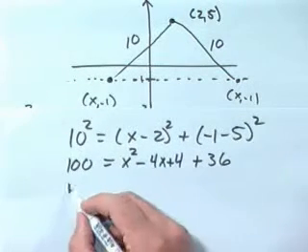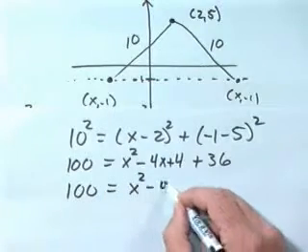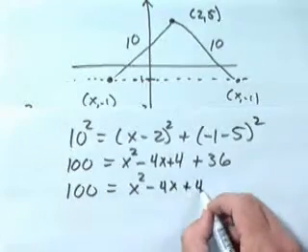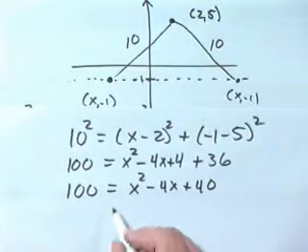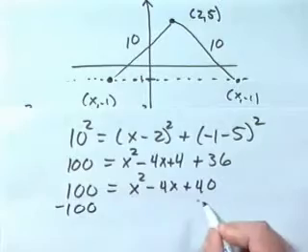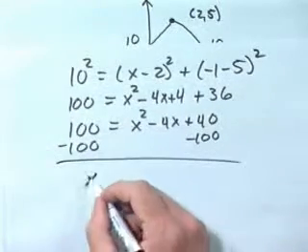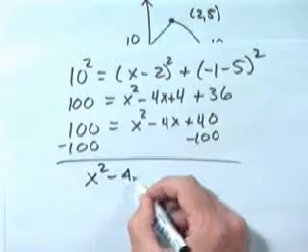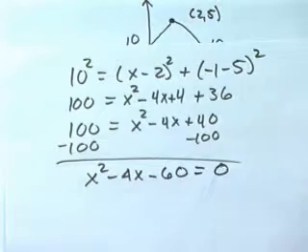And I want to simplify. Let's see, we get plus 40. Let's set everything equal to 0. So I'll subtract 100, and I'll get x squared minus 4x minus 60 equals 0.